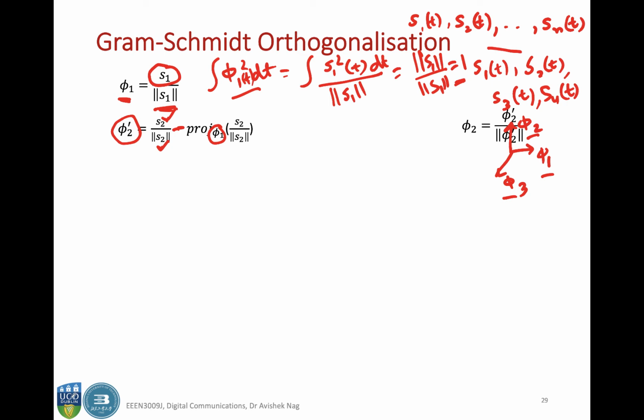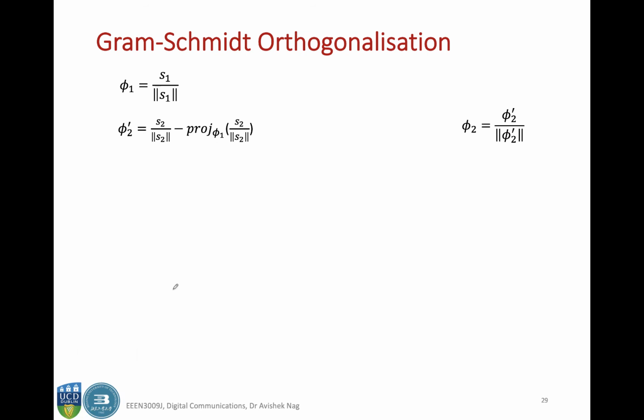Let me just erase this part. Then you have phi2, which is phi2 prime divided by the norm of phi2 prime.